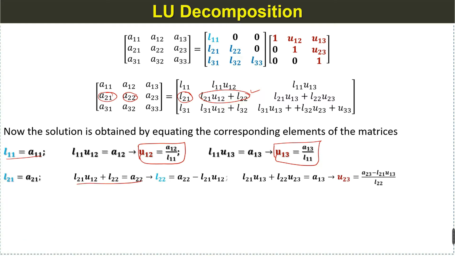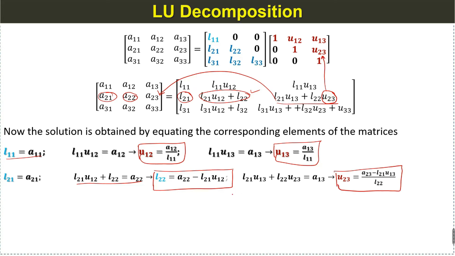So after equating, we simplify this equation for L22, and this equation we equate with this entry, and here we have U23 as the unknown. Okay, we can see that. So we simplify for this one. Okay, so we will get the value of U23 from this equation.